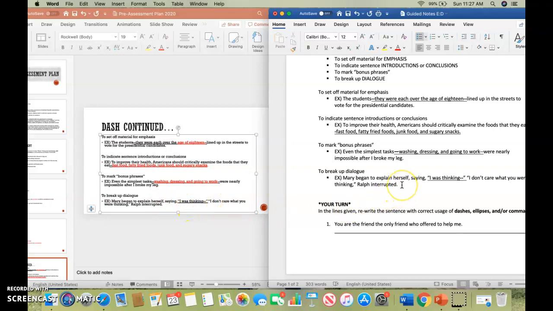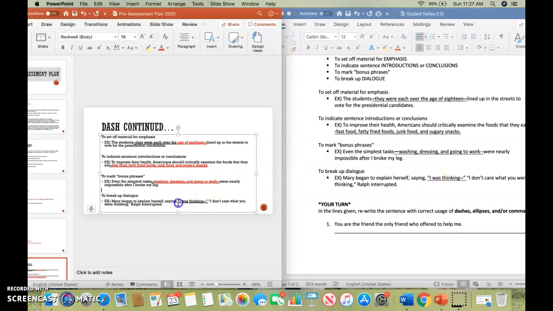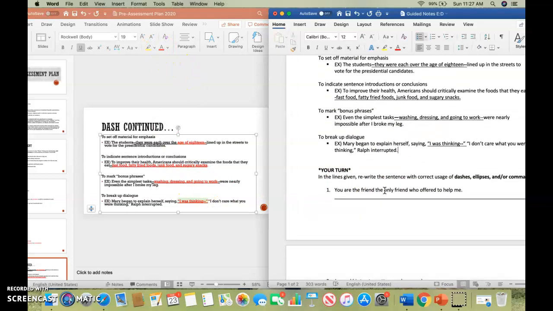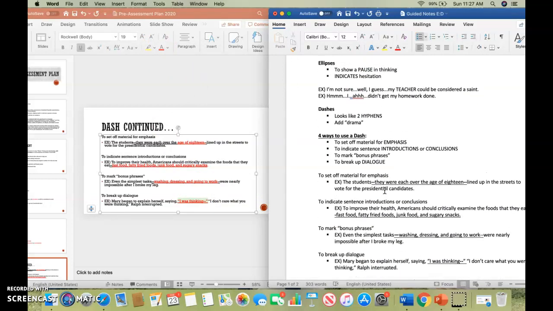So really making Ralph a kind of nitty gritty, cocky character: you know what, I really don't care what you're saying because this is the right way or this is not the right way. And this would give your dashes correct usage with interruption.